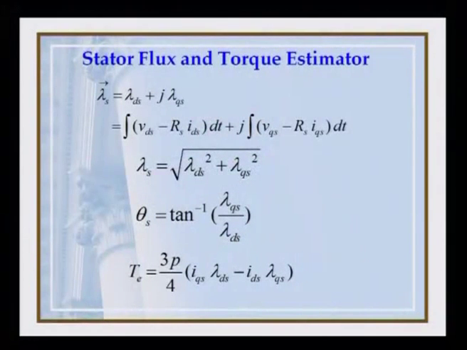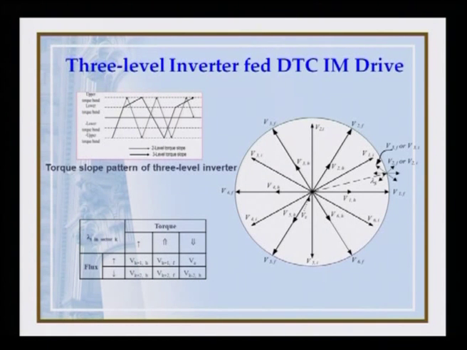So, if we try to see the various voltage vectors, this is a recapitulation of what we have done in the last lecture. So, in fact we have 27 possible combinations, and we have the full vector V1f and V1h.